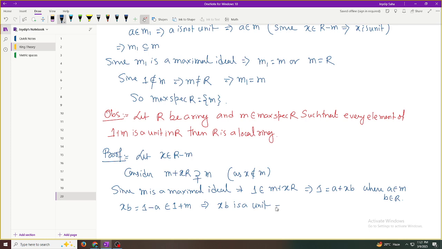That means x is a unit, because what do you mean by unit? xbv equals 1 for some v, so x times some u equals 1, taking u equals bv.